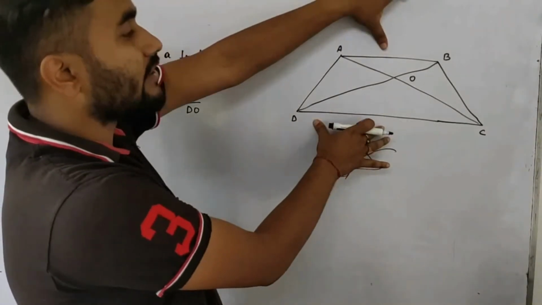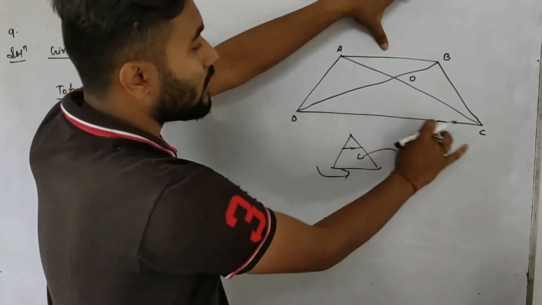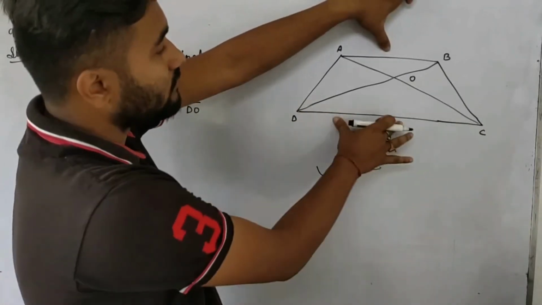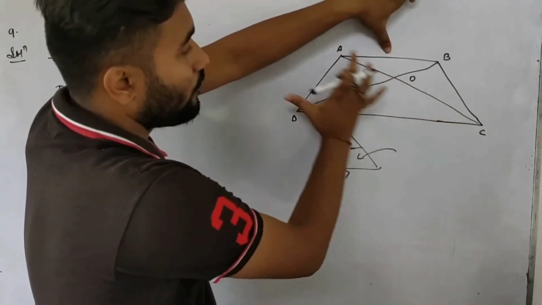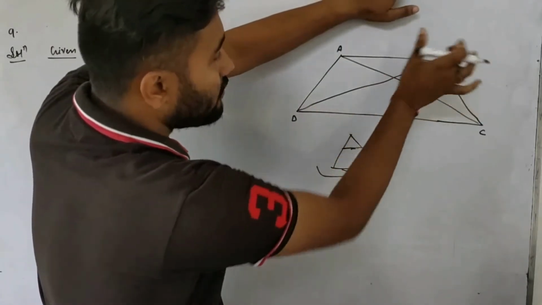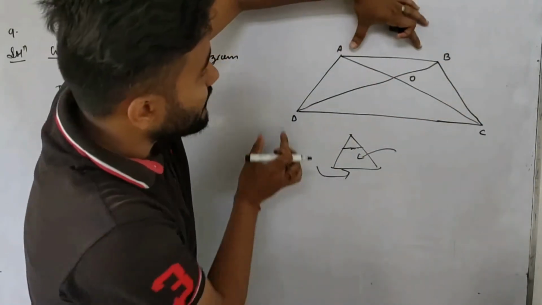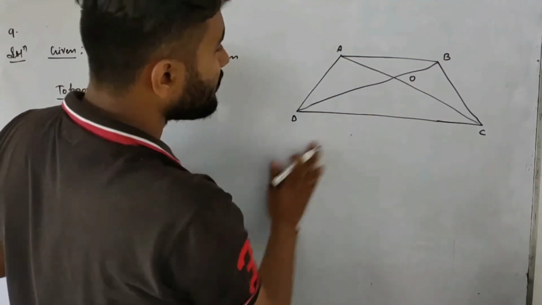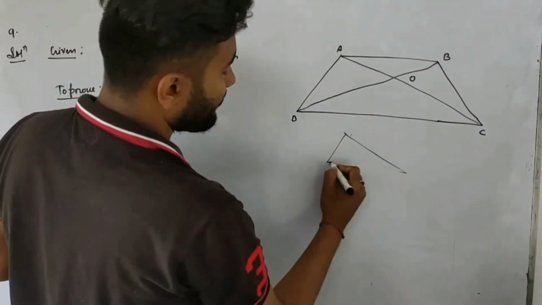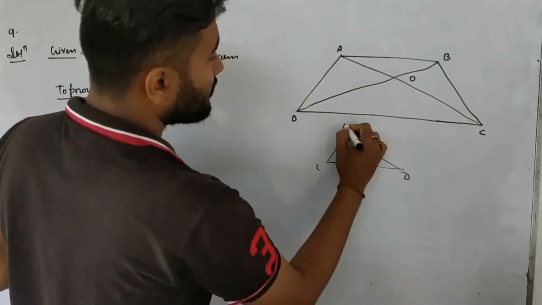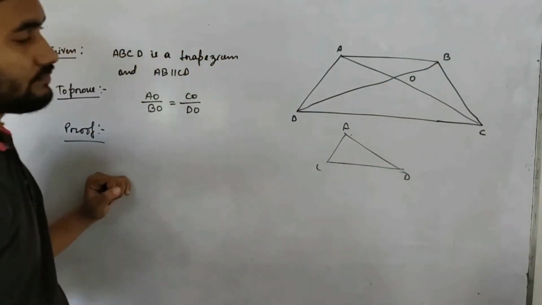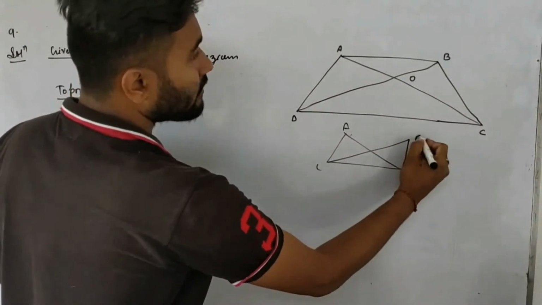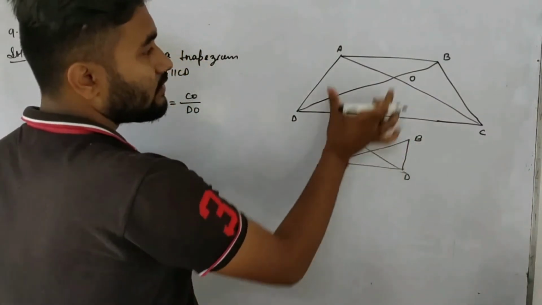So these are the two parallel lines. Are they lying inside any triangle? Say this is the longer one, this is lying on the side of the triangle. But this one, is it there in this triangle? No. Is it there in this triangle? No. If I say this triangle, CD is there, but AB is not there. If I say this triangle, again CD is there, but AB is not.